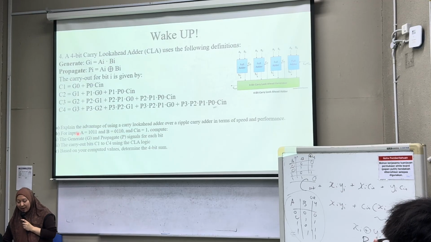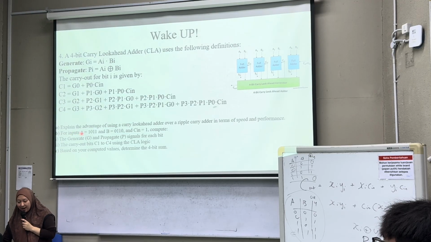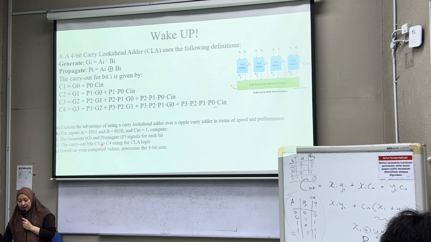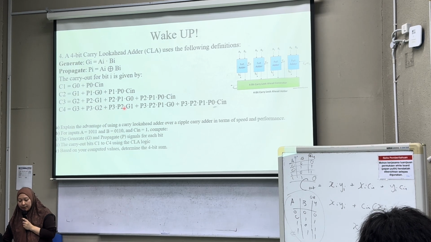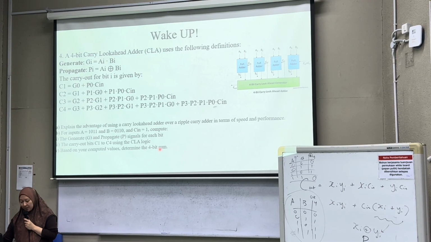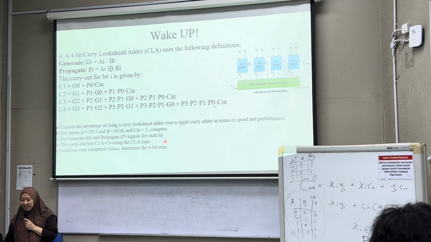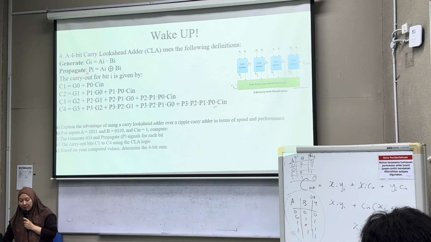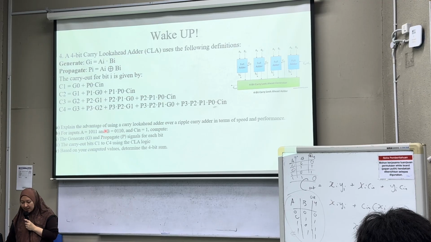For question B, for input A 1011 and B 0110 and C, compute G and P, which is already given here, and the carry bits C1 to C4 using the CLA logic, using these statements here. Then question C, based on your computed values, determine the sum. Easy enough because you're given this, so you just have to use these to find B and C.